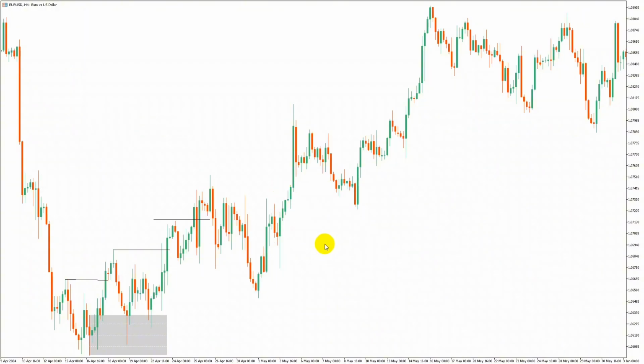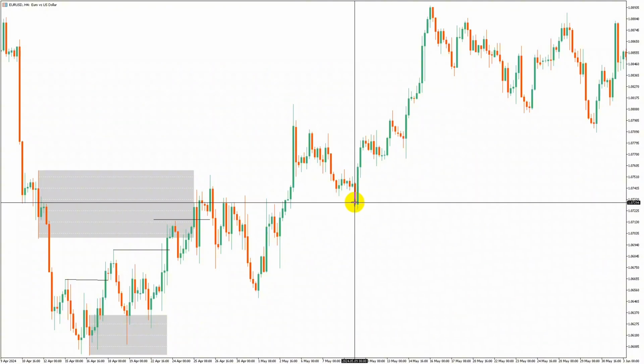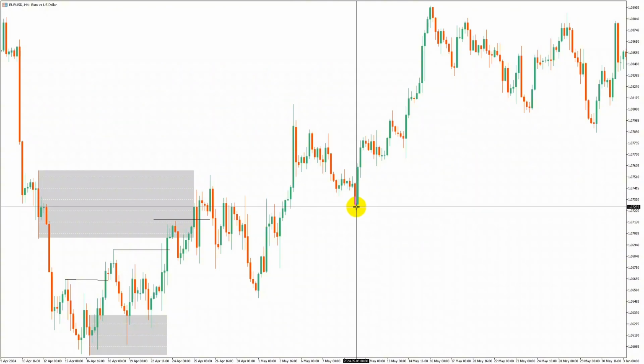Oh god, what did I do? After that happened, you can see the market has been in a very hefty move.